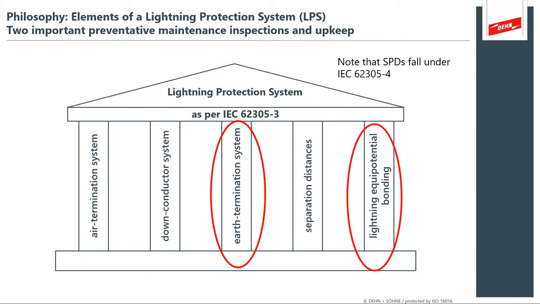But on a daily basis, in a normal preventative maintenance program, an operator can inspect and upkeep both their earth termination system and the lightning equipotential bonding. And just to note that SPDs fall under the IEC 62305-4 recommendations. Again, what's important is that these are the aspects that an operator can maintain, inspect, and upkeep.